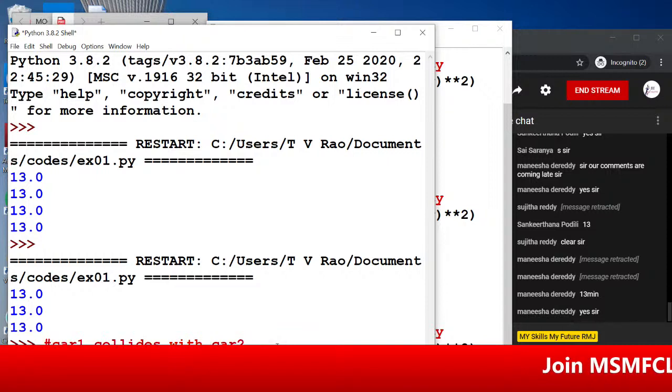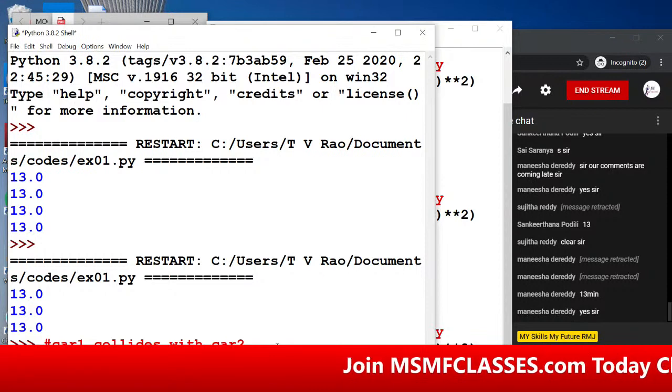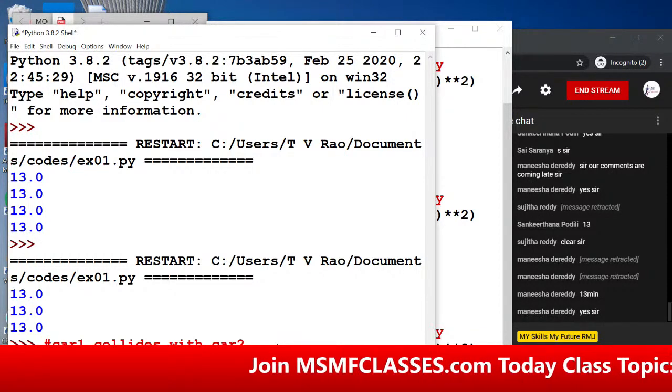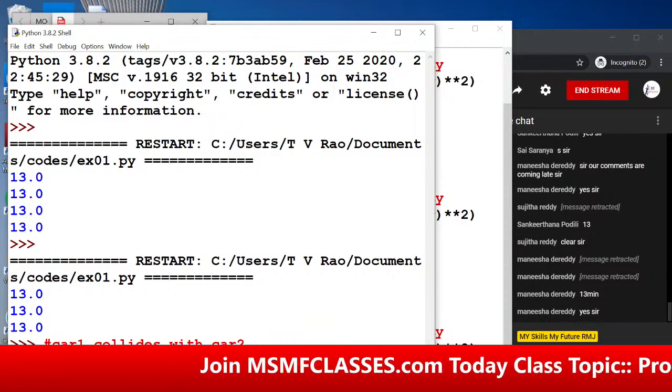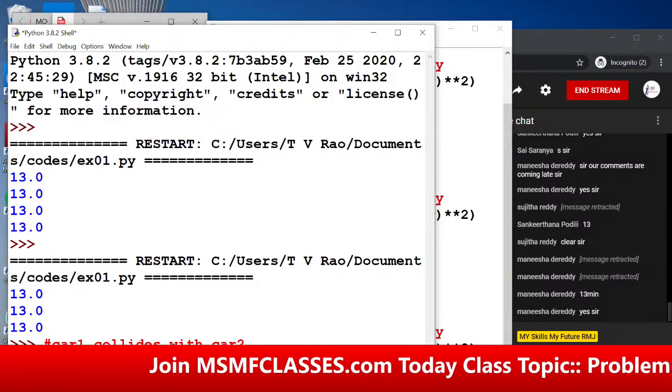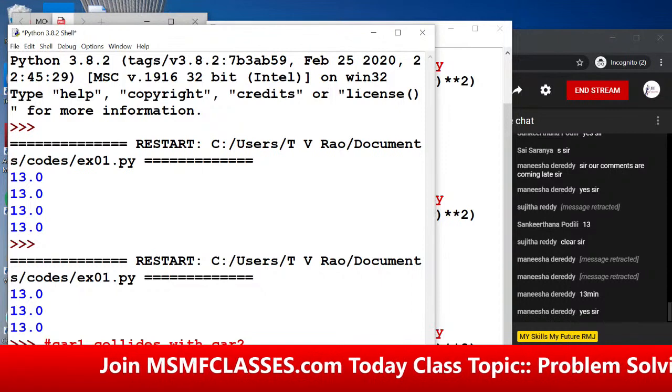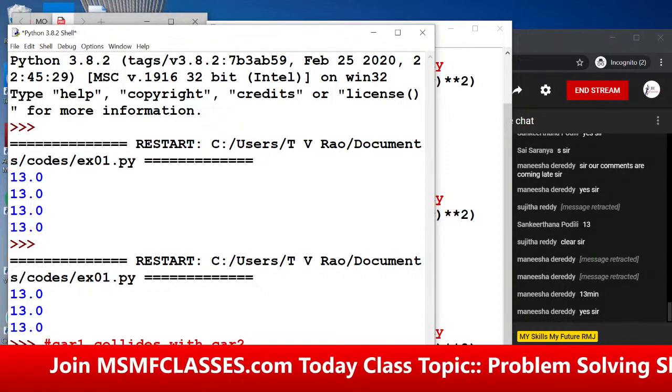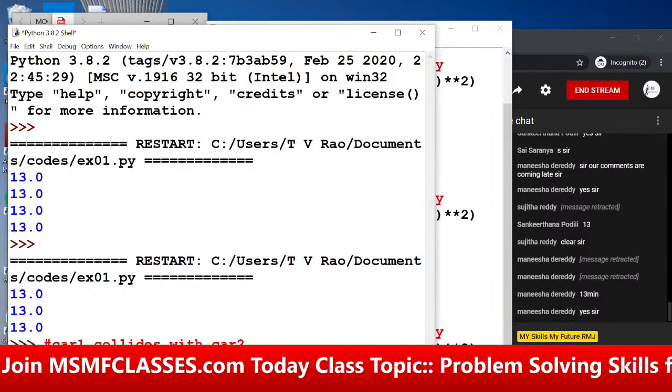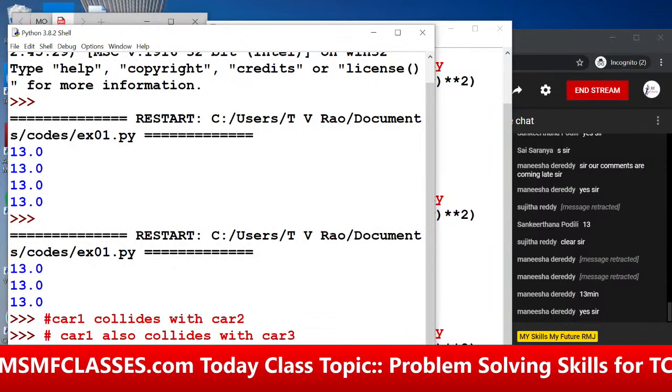Next, car 1 also collides with car 3. Next, what is next? Car 2 collides with car 3. Okay?